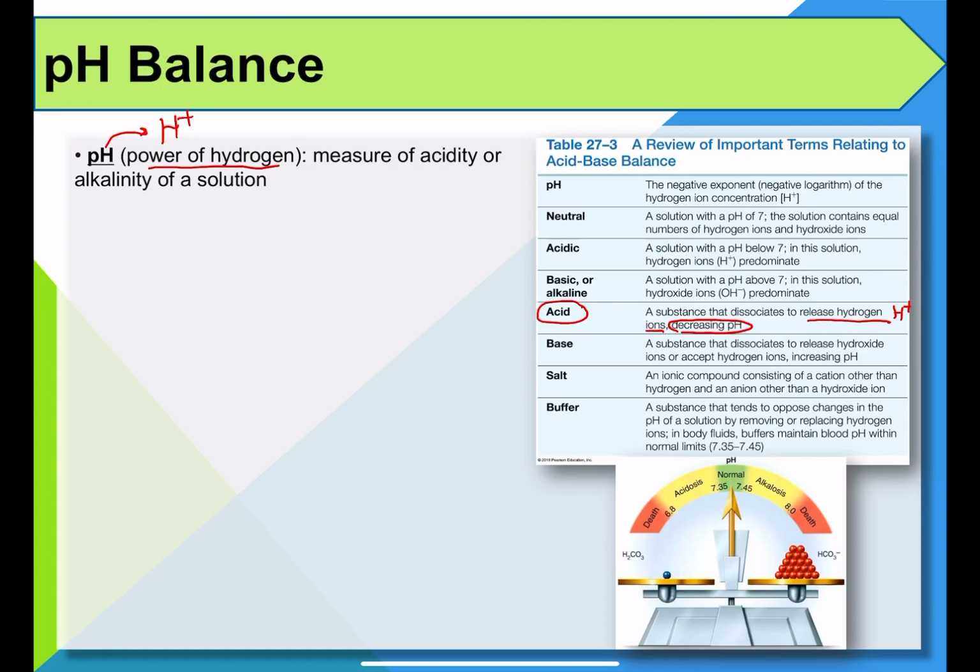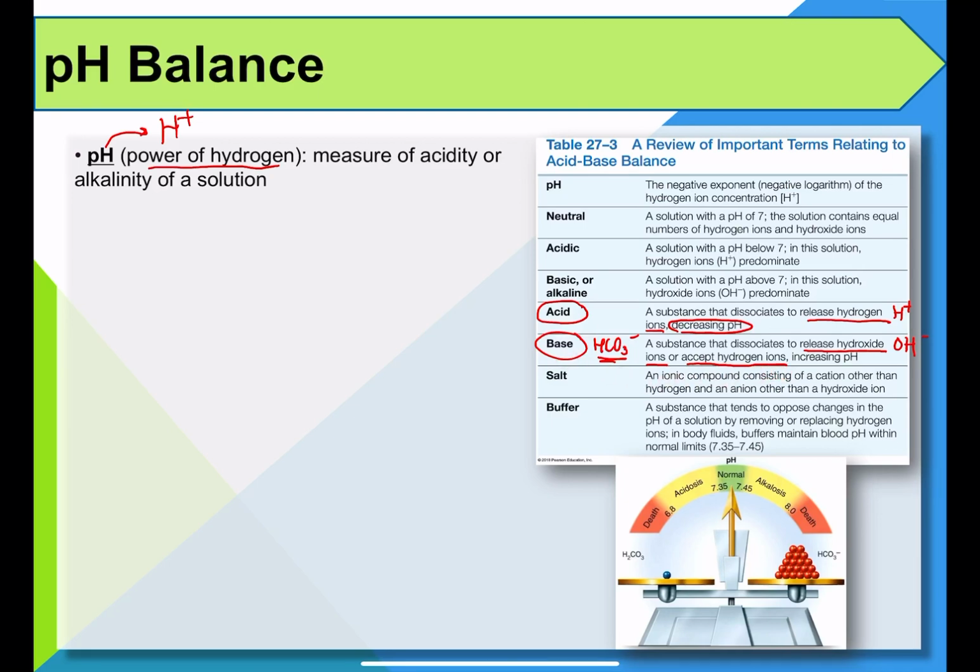The definition of a base is any substance that has the capability of releasing hydroxide ions or any other ions that can accept hydrogen ions. So that's why usually they are negatively charged. For example, if you remember from our case of carbonic acid, there was bicarbonate ion. This is not a hydroxide ion, but it has the capability of accepting hydrogen ions, so that's why it's considered a base.